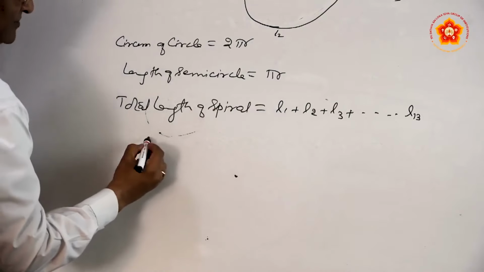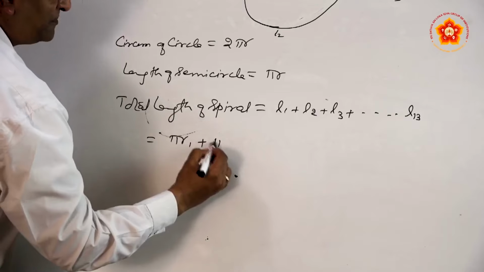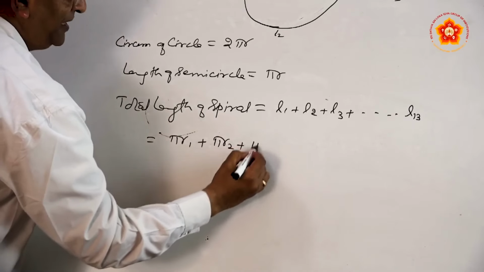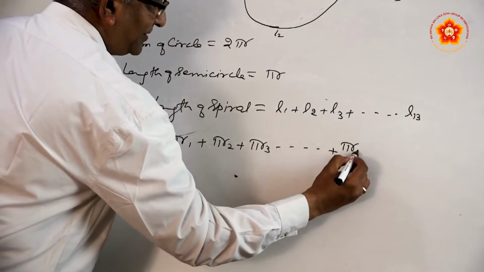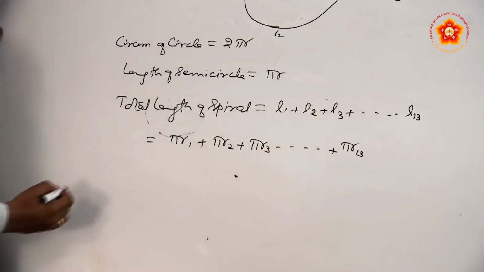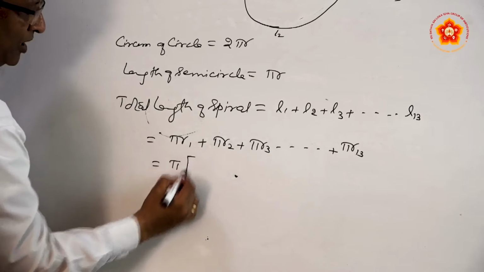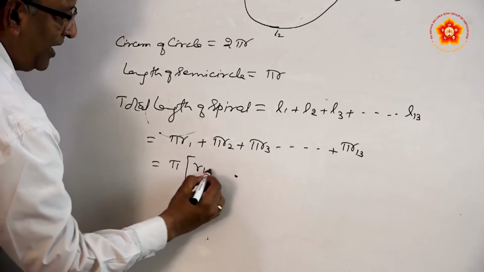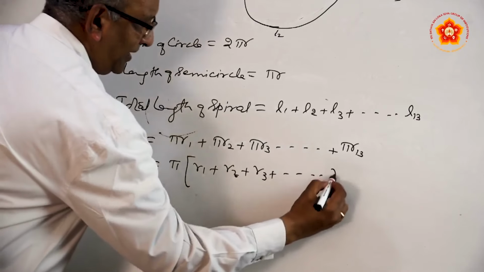What is L1? It is nothing but pi r1. What is L2? It is pi r2. Similarly, pi r3, and it goes on till pi r13. What is r1? It is 0.5, and you can see that pi is common among all of them. Take it out. We have r1 plus r2 plus r3 goes on till r13.